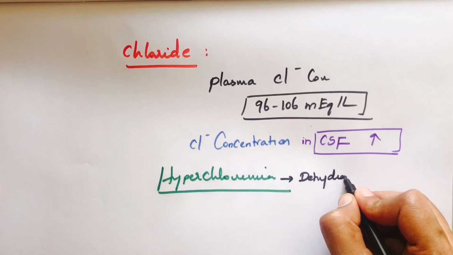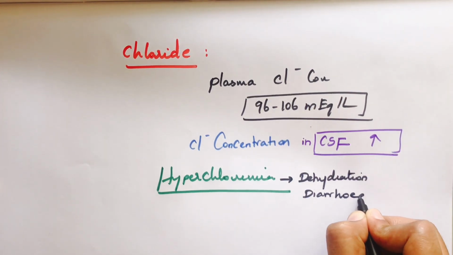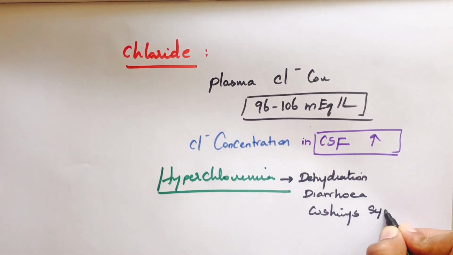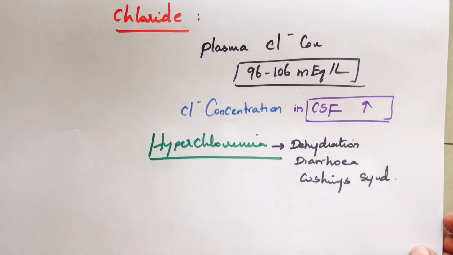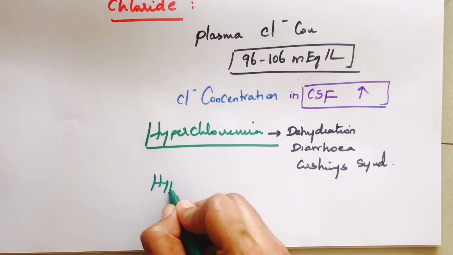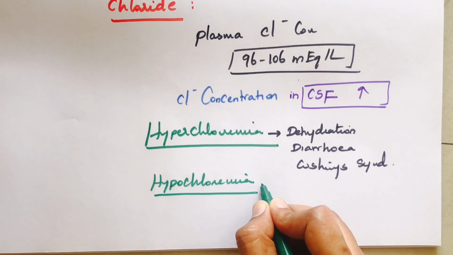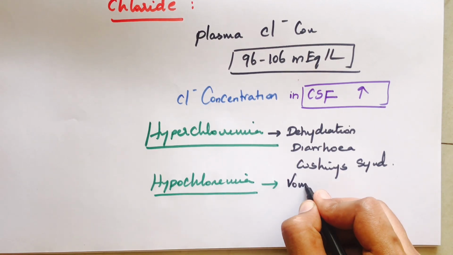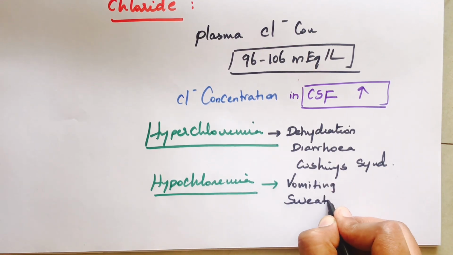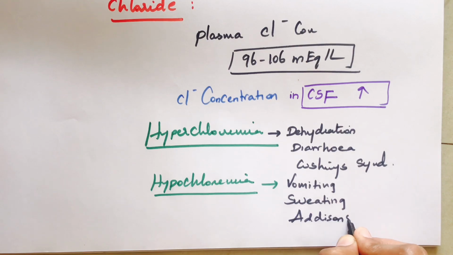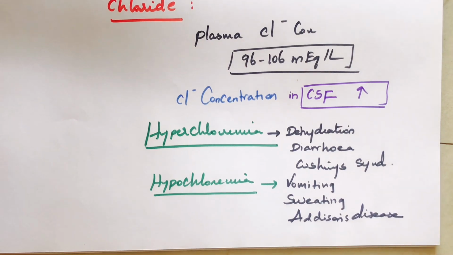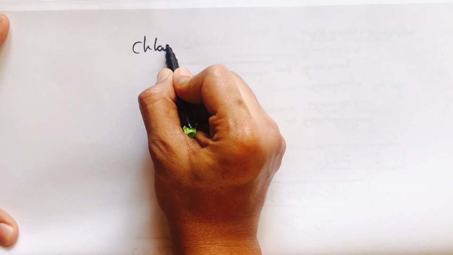Conditions of hyperchloremia are severe dehydration, diarrhea, Cushing's syndrome, and conditions with hypochloremia are severe vomiting, excessive sweating, Addison's disease.